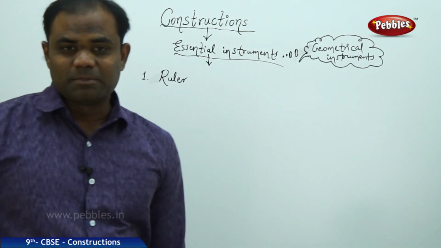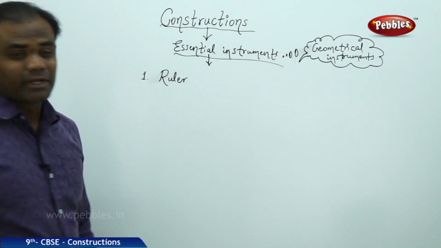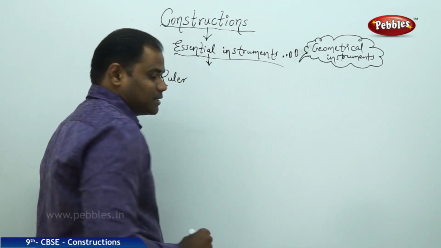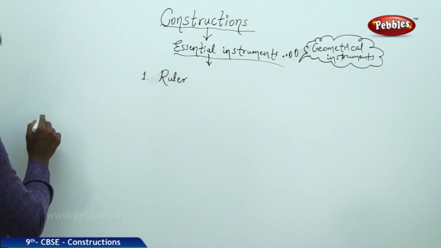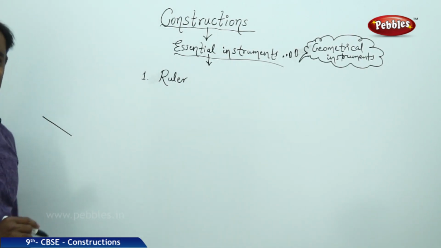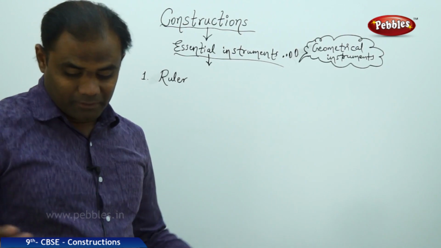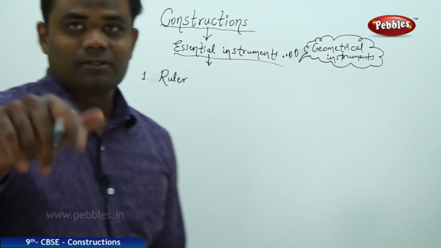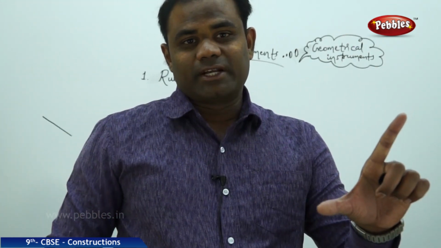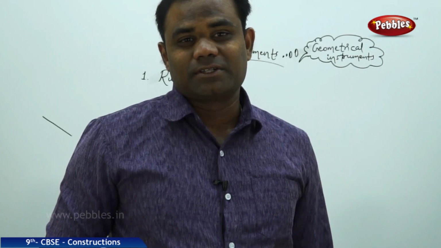Because a ruler helps me in drawing straight lines. For example, when I draw a straight line randomly, I may not get an exact line, but if I take a ruler and then draw a straight line, then we get a perfect straight line.